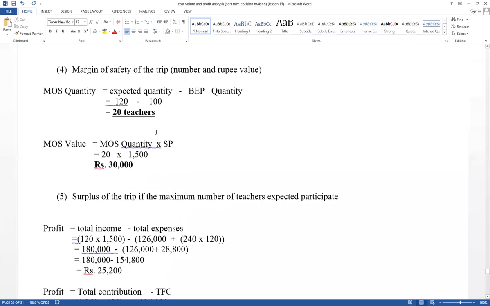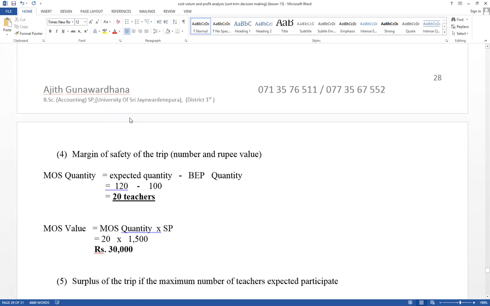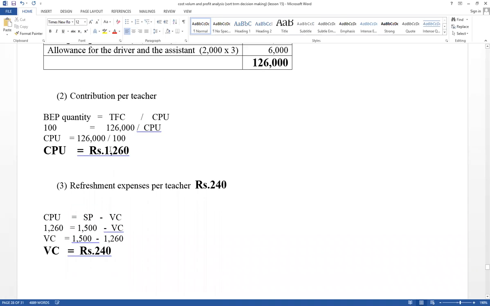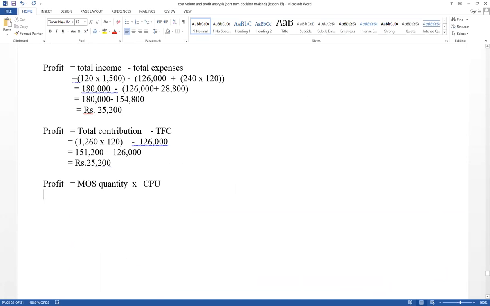It has already been calculated in the requirement: margin of safety quantity equals 20 teachers beyond the BEP, and contribution per unit equals 1,260.